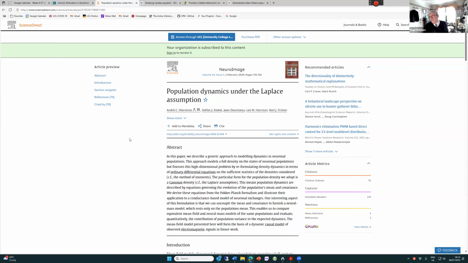It would be a Hilbert space, but you could in principle write down the rate of change of the probability distribution over your spiking neural network or neural ensemble. Clearly you can't do that, but what you can do is assume that the density has a Gaussian form, which means you now just need to solve the Fokker-Planck equation in terms of its first and second order moments.